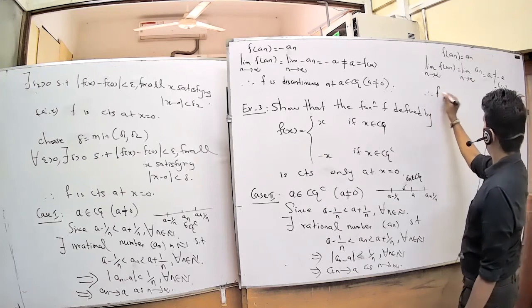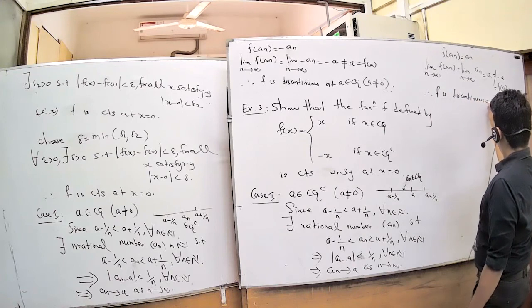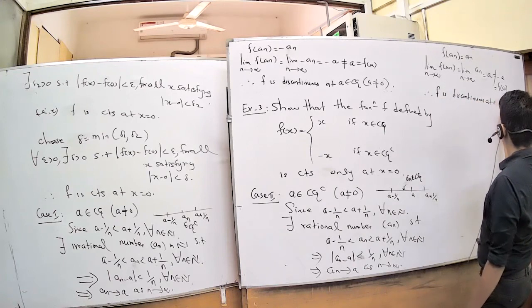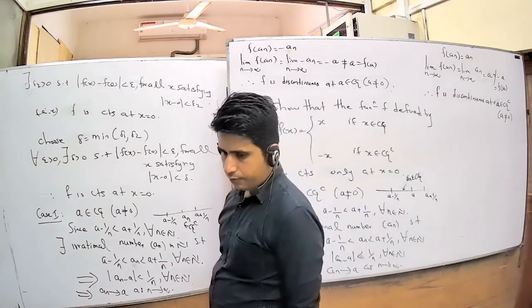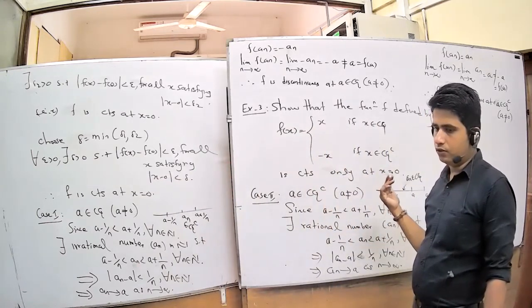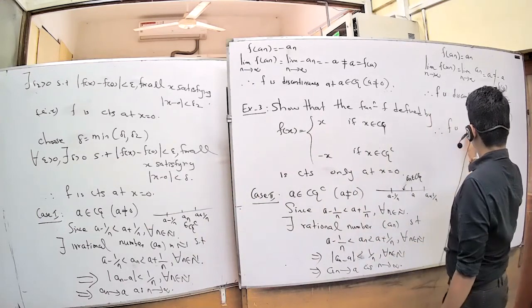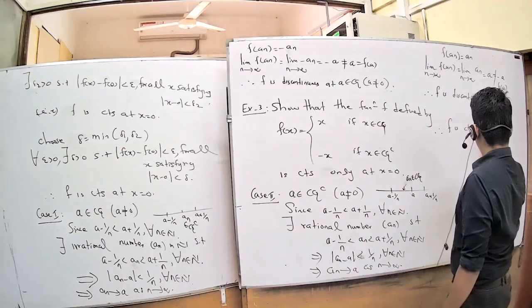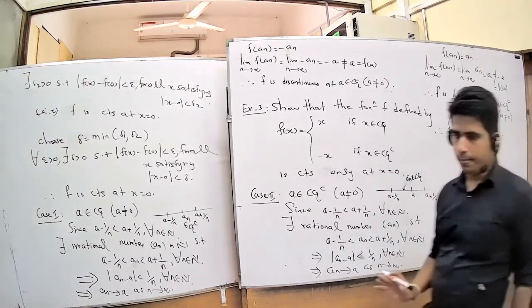Therefore, f is discontinuous at a belonging to the irrational numbers, except a equal to 0. So in these two cases, f is discontinuous except at 0. Therefore, f is continuous only at x equal to 0.